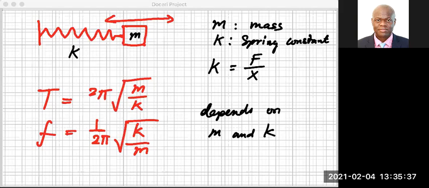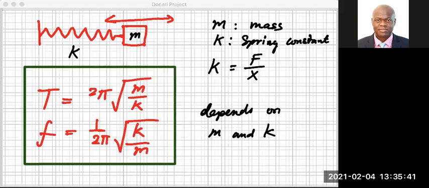And again, I'm going to put this in a box. So this, you really need to know just one of these equations because the other one is the inverse of that. So if you know the period, frequency is just the inverse of the period.